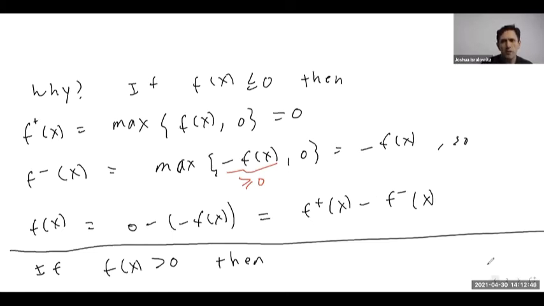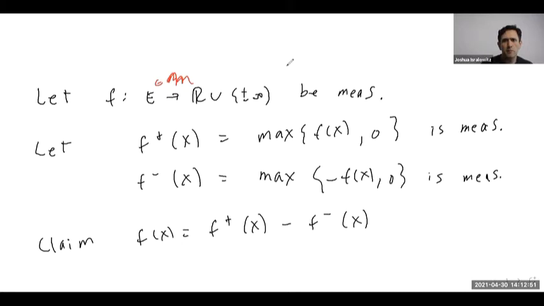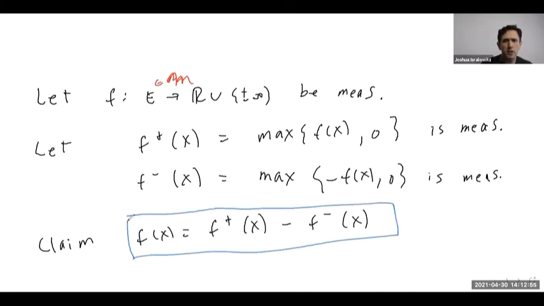So what's the point here? The point is particularly when we define Lebesgue integration, this new integration process based on everything we're doing, we only need to define the integral of a non-negative function, because then we can define the integral of a general function to be the integral of f plus minus the integral of f minus.